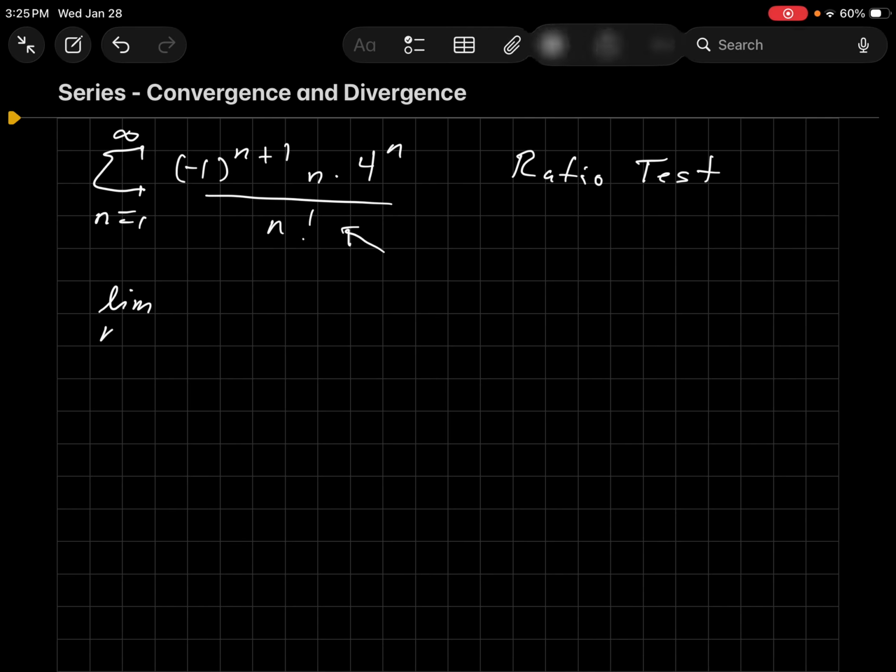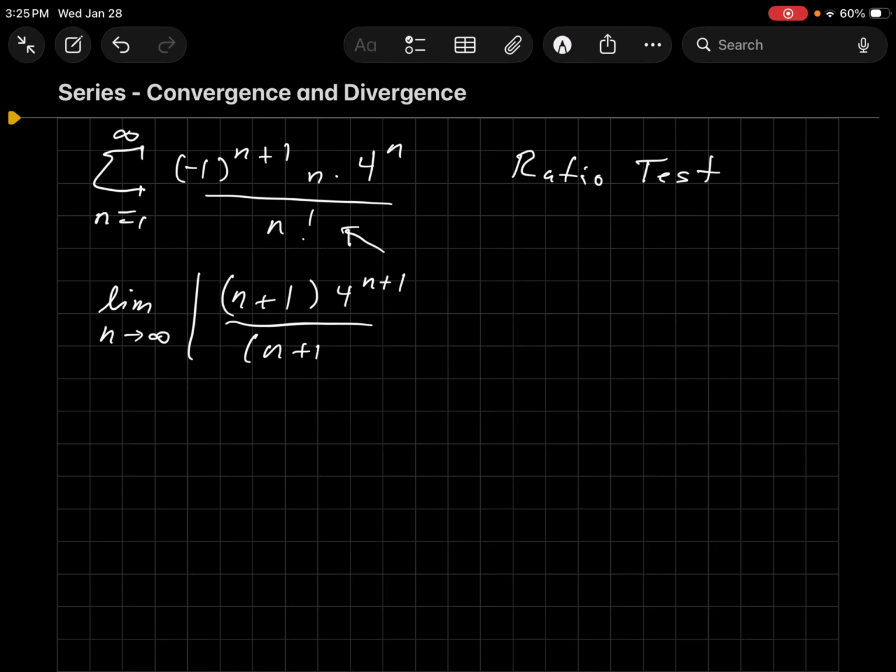If I do the limit as n goes to infinity of my nth plus 1 term divided by my nth term, flip and multiply it, we end up with this. N plus 1 over n will go to 1.